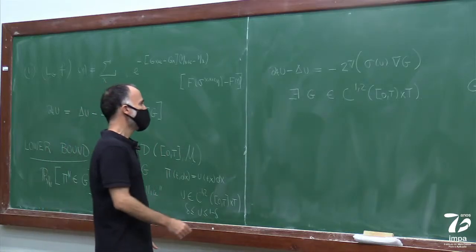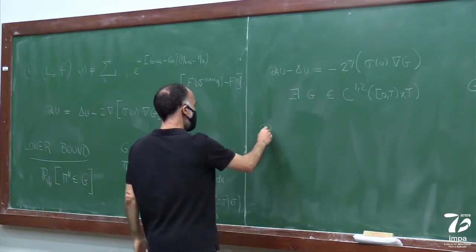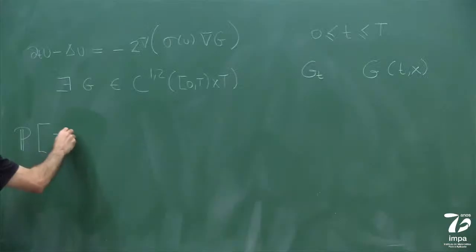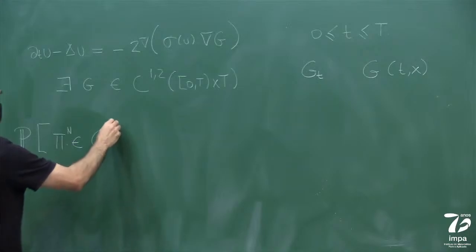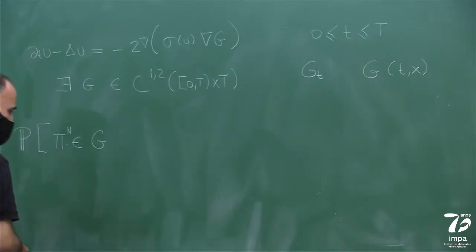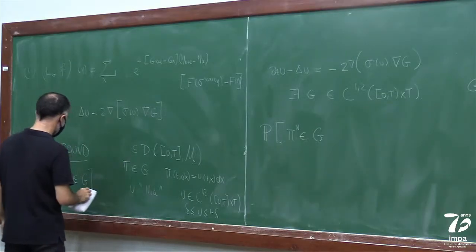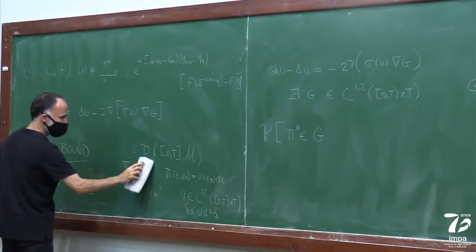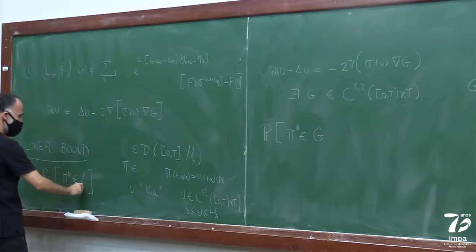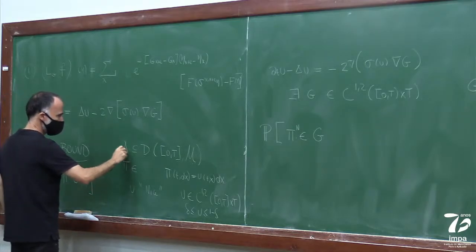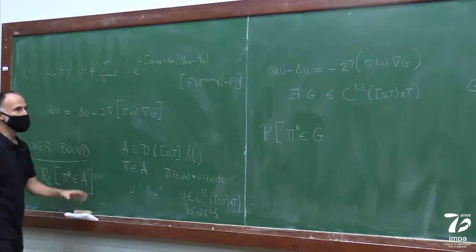Now I proceed as follows. I want to estimate what is the probability that my pi n belongs to G. That's horrible, so let's call this set A. A is an open set, and g is a function.